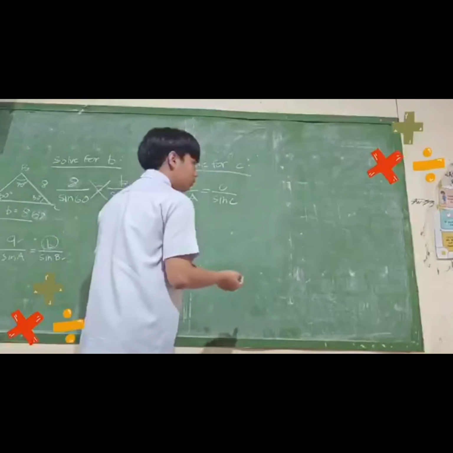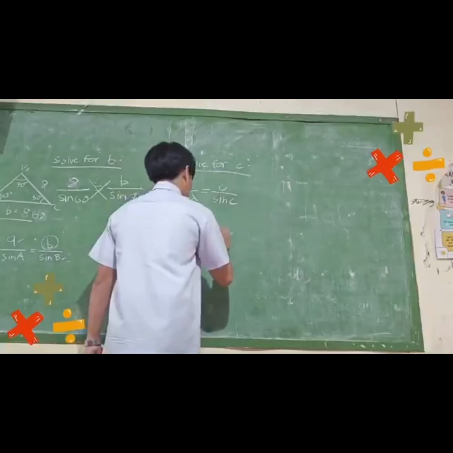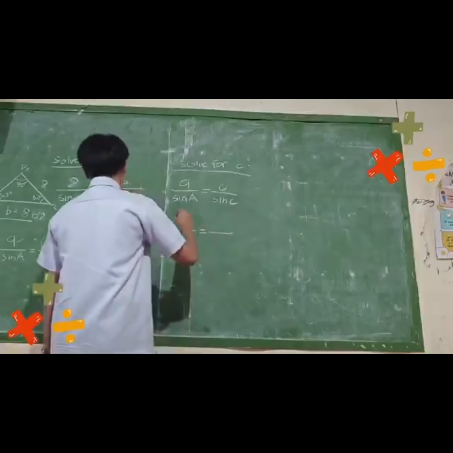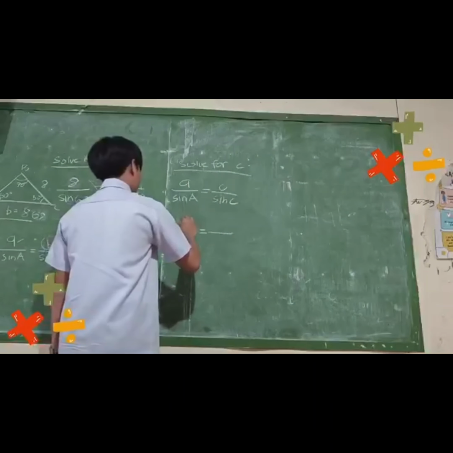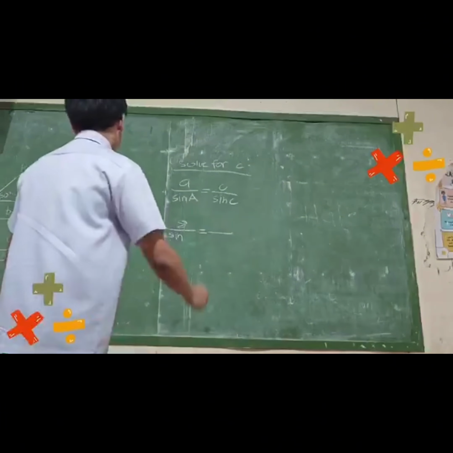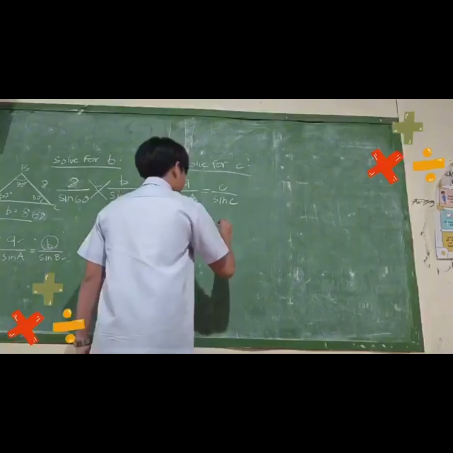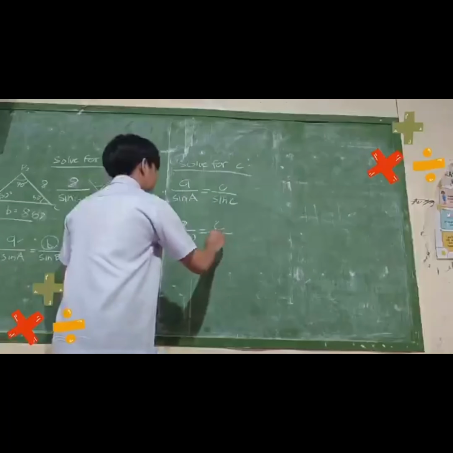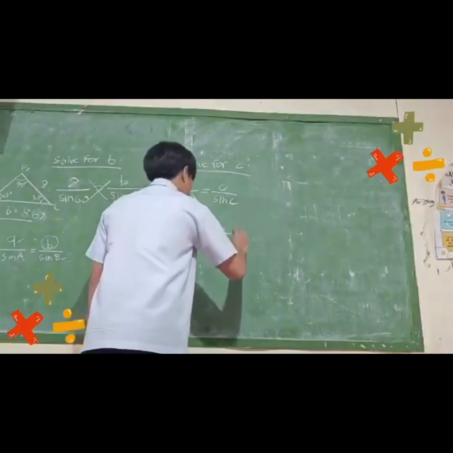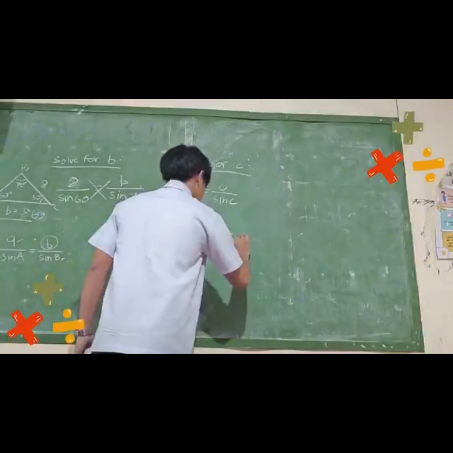First, we need to substitute the values. Our value here is 3, and we put here the value of angle C, which is 15 degrees.